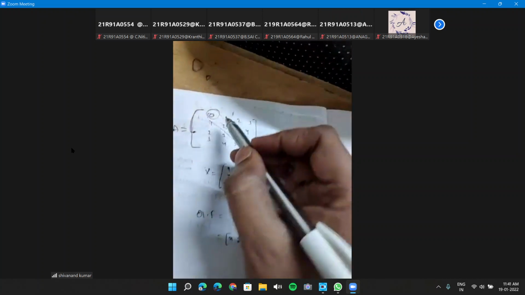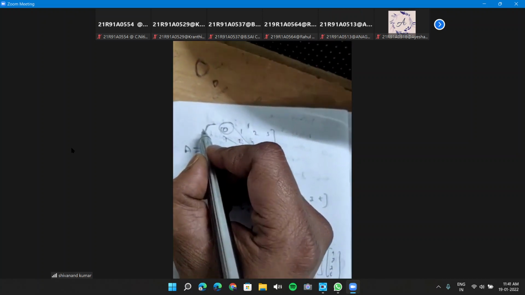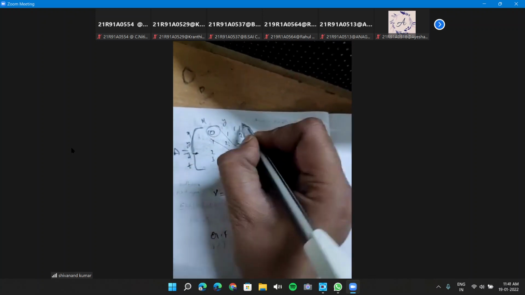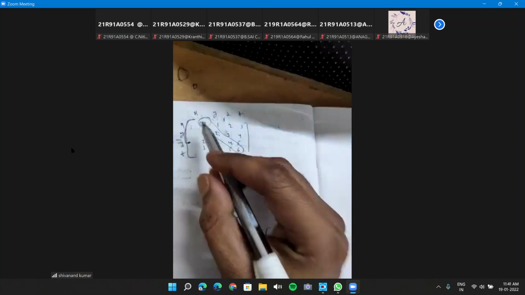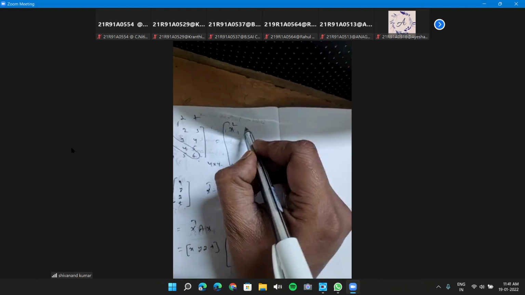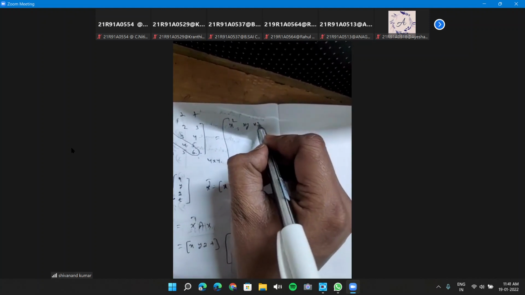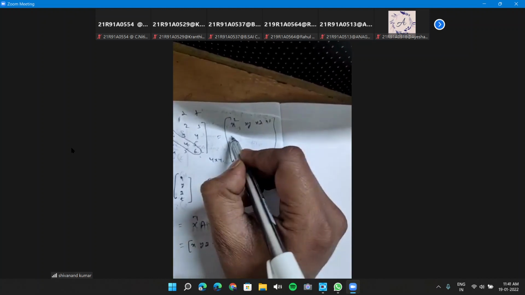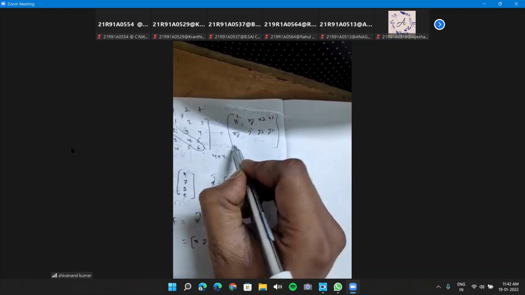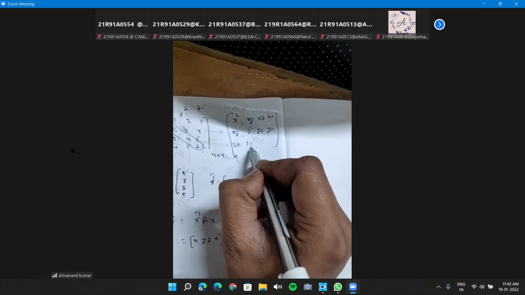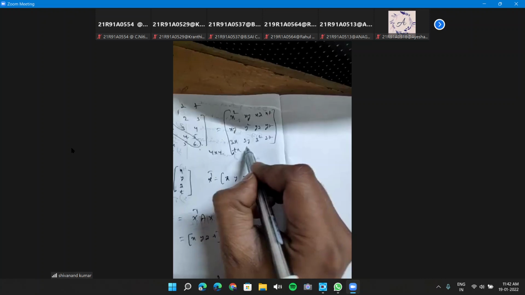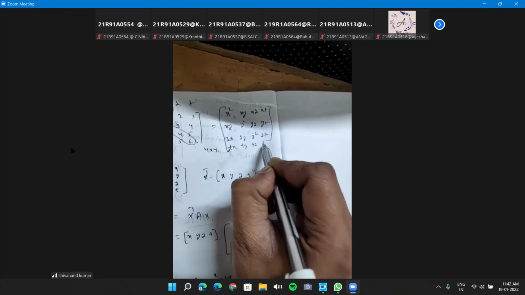And after that the combinations: here also you can write x y z t, and here x y z t. To write it more easily: x square, xy, xz, xt; xy, y square, yz, yt; zx, zy, z square, zt; and tx, ty, tz, t square.